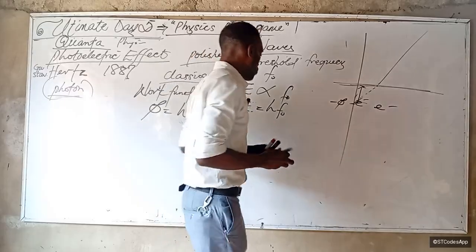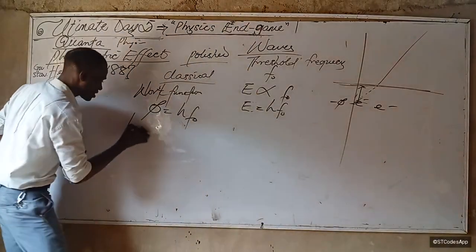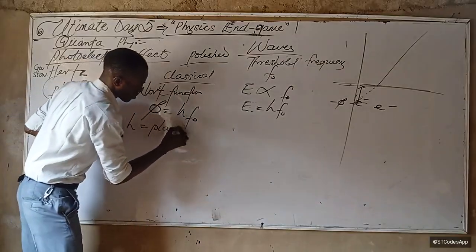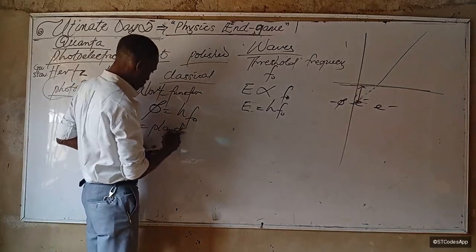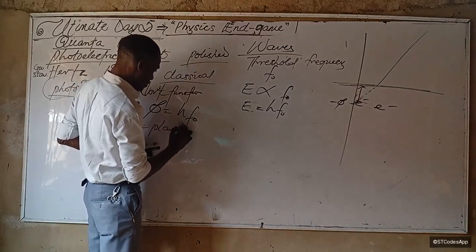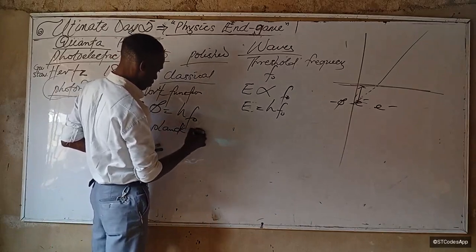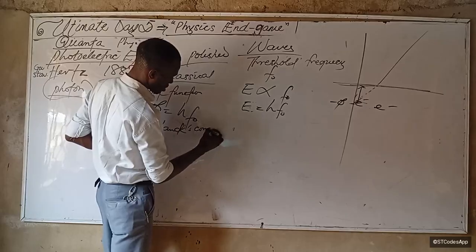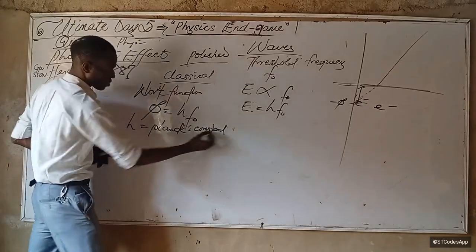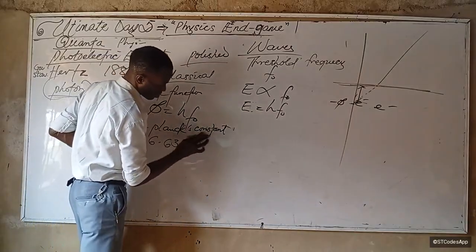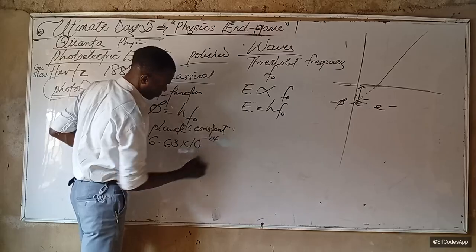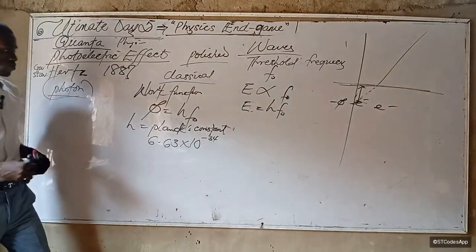All right. So h here is Planck's constant, right? And who was Planck? The guy that worked on what? Black bodies, right? Yes, sir. Black body emissions. Planck's constant. And what's the value? 6.63 times 10 to the power of minus 34. All right.